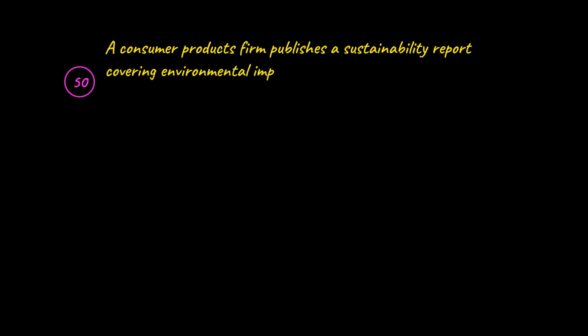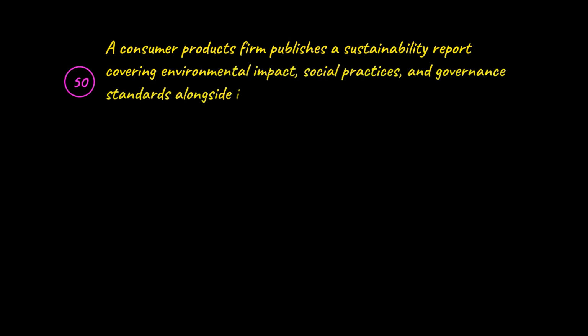Question 50. A consumer products firm publishes a sustainability report covering environmental impact, social practices, and governance standards alongside its financial results. Which framework best describes what the firm is reporting?